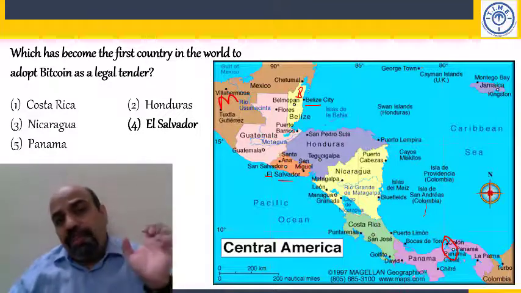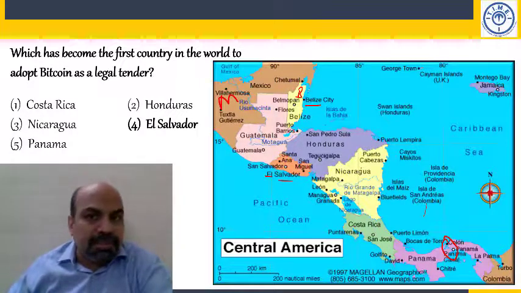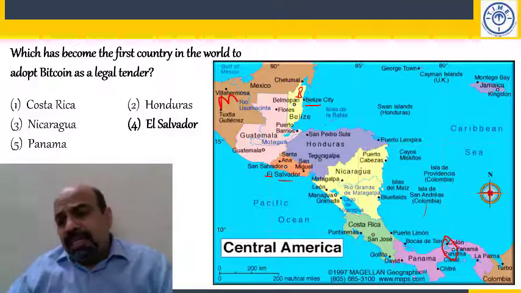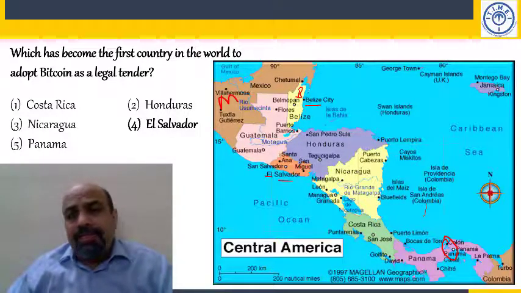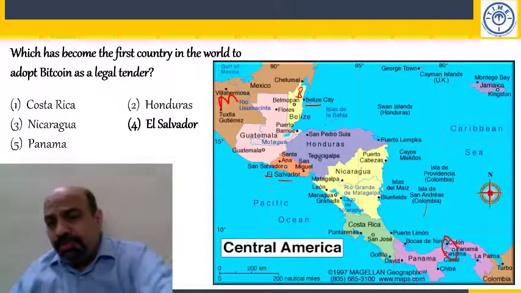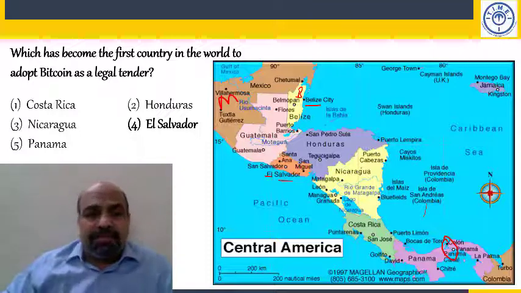So these countries are called Central American nations. Let's look at El Salvador. I'll come back to this part of the world once again.